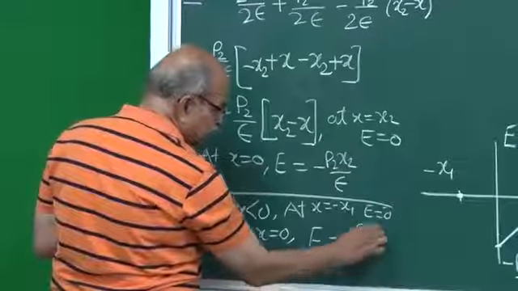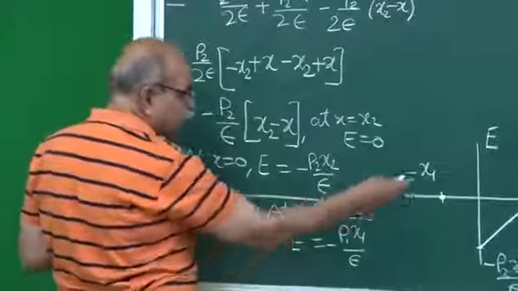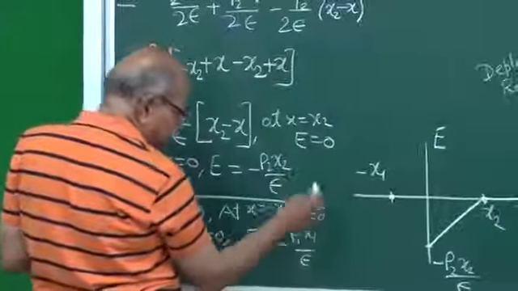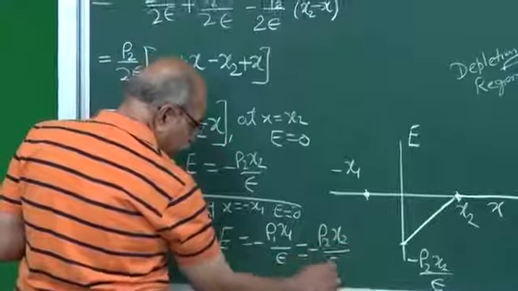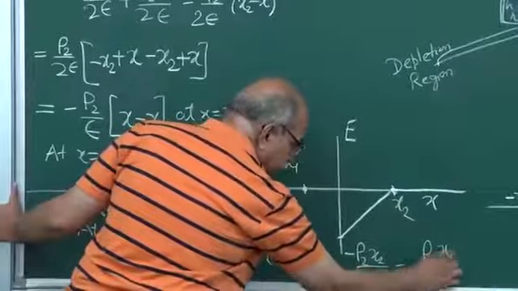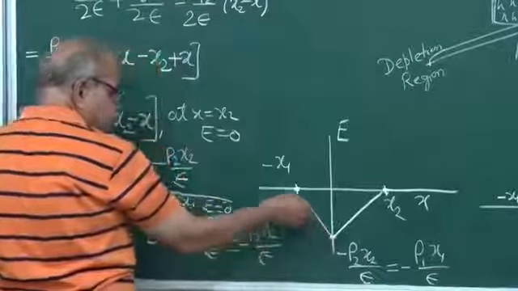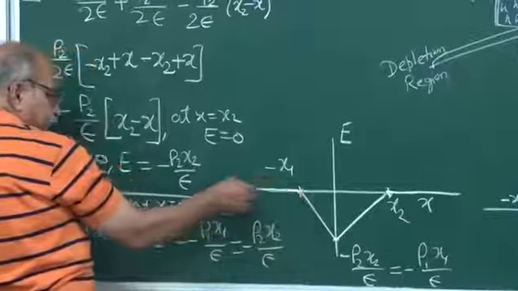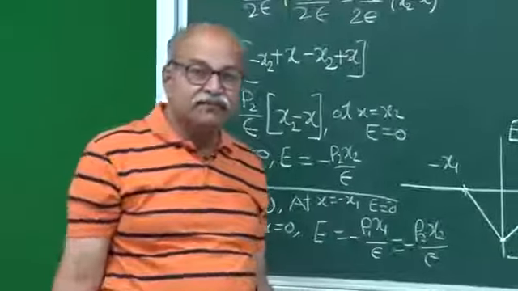But it's the same as this because rho 1 x1 is equal to rho 2 x2. So it should be the same, and therefore the electric field will be like this. So this is how the electric field will appear.